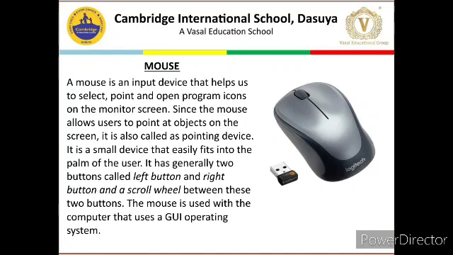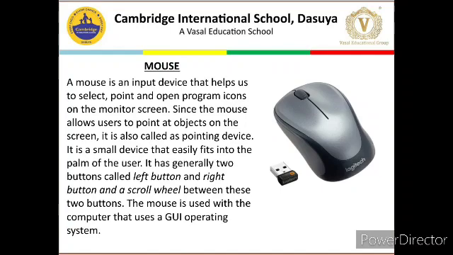A mouse is an input device that helps us to select, point, and open program icons on the monitor screen. Since the mouse allows the user to point at objects on the screen, it is also called a pointing device. It is a small device that easily fits into the palm of the user.